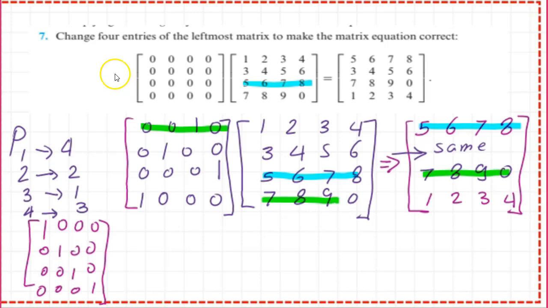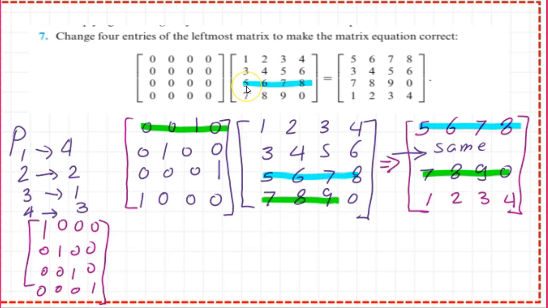In the last slide, number 7, the example, change 4 entries of the leftmost matrix to make the matrix equation correct. We can see here we have 1, 2, 3, 4, 3, 4, 5, 6, 5, 6, 7, 8, 7, 8, 9, 0. It is multiplied by a permutation matrix such that the right-hand side will become like this.